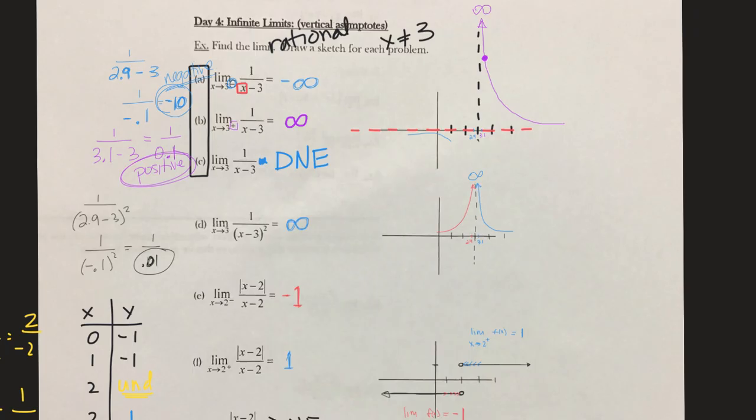Now I want to add in a couple extra things because I don't know if you've ever seen this before or not. This is a fancy function called the step function, or sometimes called the greatest integer function.